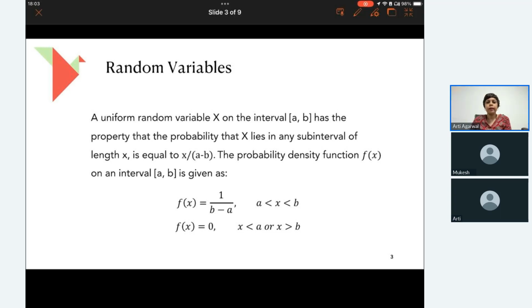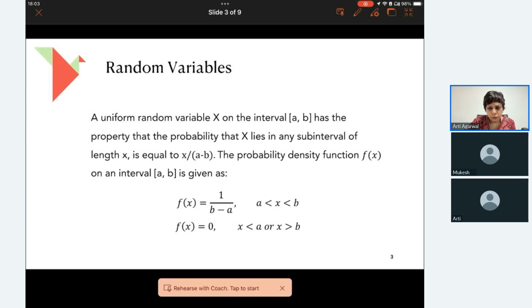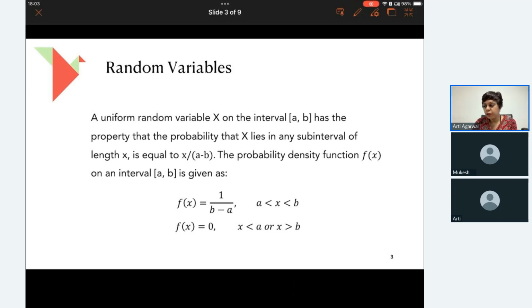Before we dive into auctions, I just wanted to give a very quick recap of random variables, because we use random variables quite a bit in auctions, and I'm going to talk mostly only about the uniform continuous random variable.